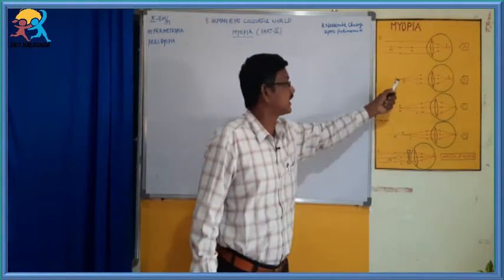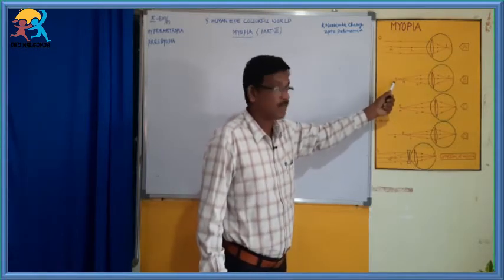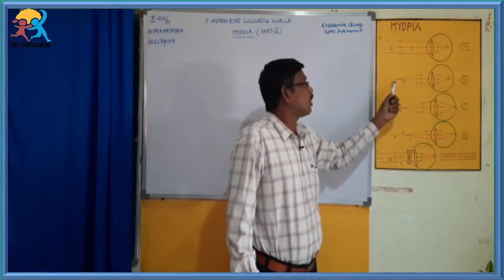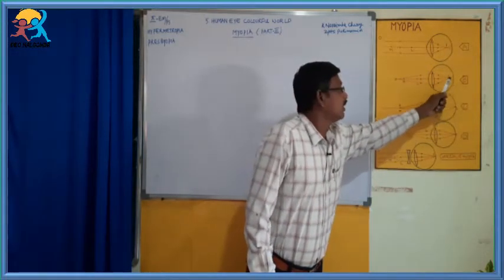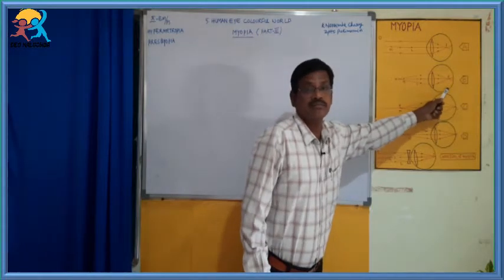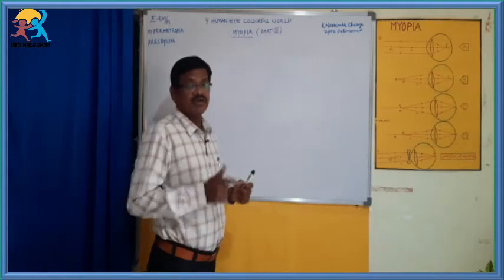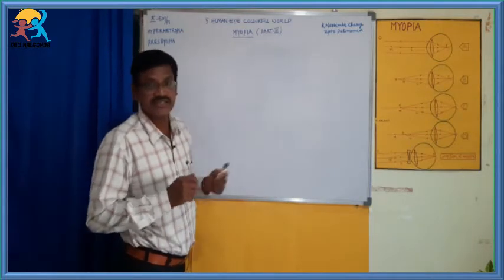Here also, in case B, I showed the point O. Imagine this is the object. Rays coming from the object still form an image before the retina.